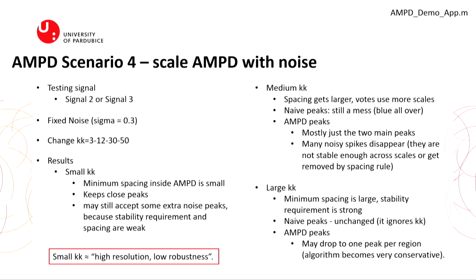Naive peaks are still mass, AMPD peaks are mostly just 3 main peaks, so it relatively works. And for a large value, even our DSC can sometimes just disappear due to the fact that we make a big windowing function.